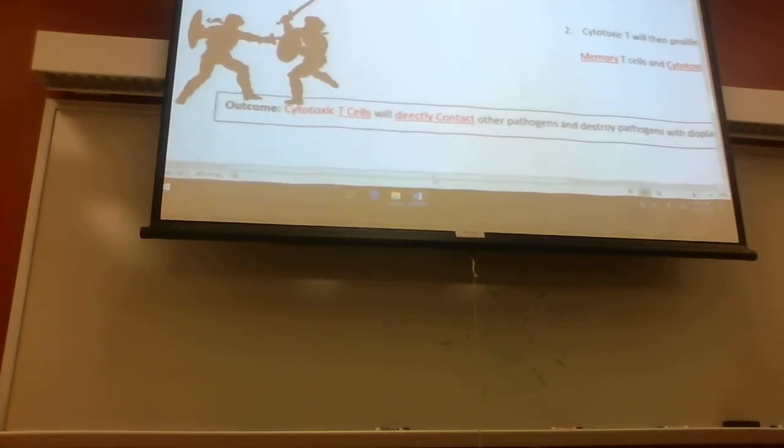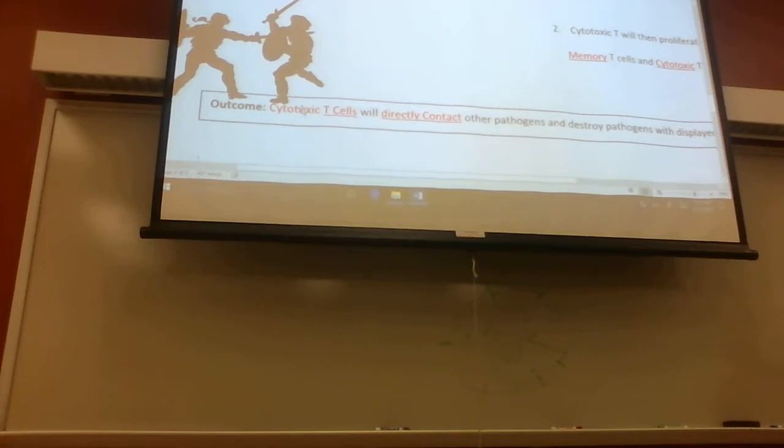The main outcome, and this is what makes it cell mediated. See how this guy is stabbing this one? This one that's getting stabbed is the pathogen. This is your cytotoxic T cell. This is your doctor poison that we spoke about.